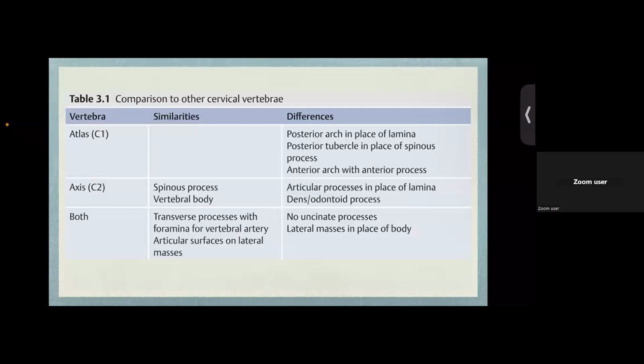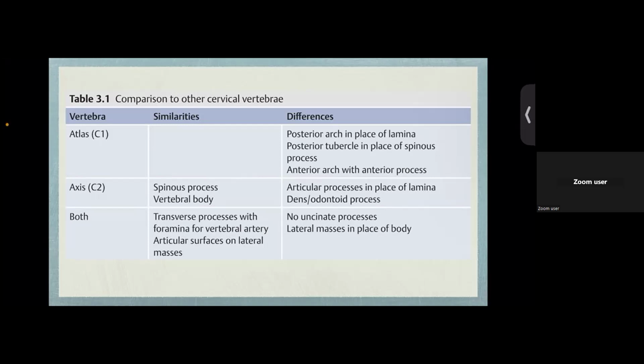This is just a table that summarizes nicely the similarities and differences of the atlas and axis. Similarities: the axis has the spinous process and the vertebral body, just like the typical cervical vertebrae. Both have transverse processes with foramen for the vertebral artery and articular surfaces on the lateral masses.